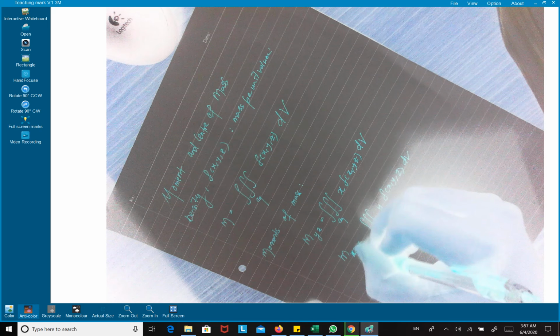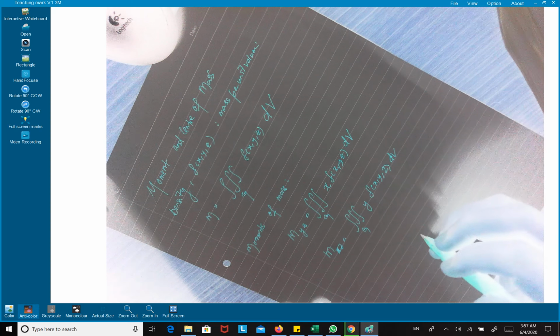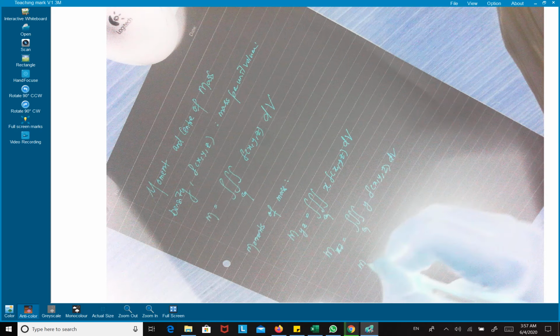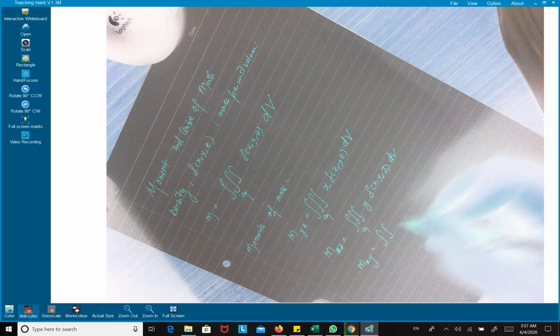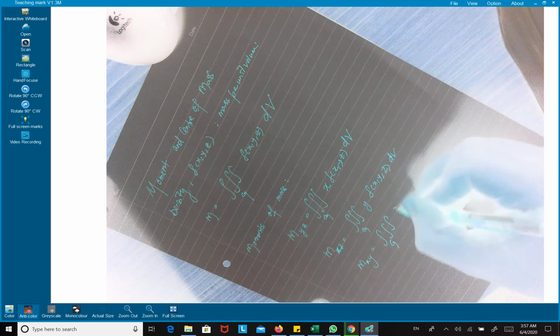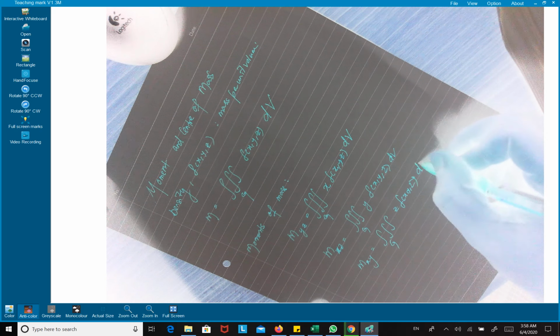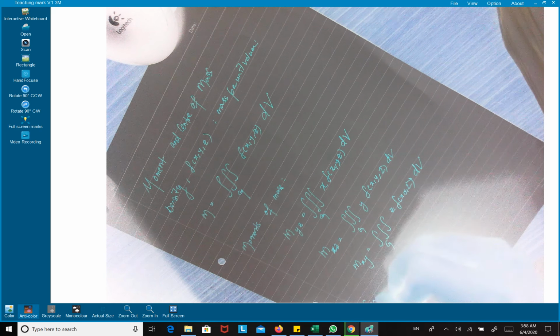This is xz. And then moment of xy will be triple integral G z times the density dV.